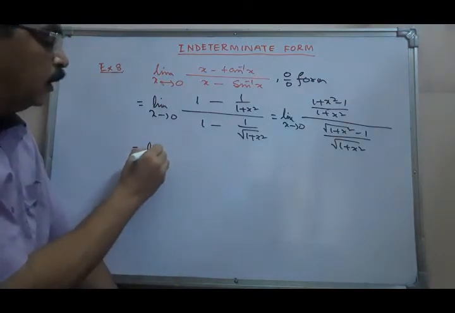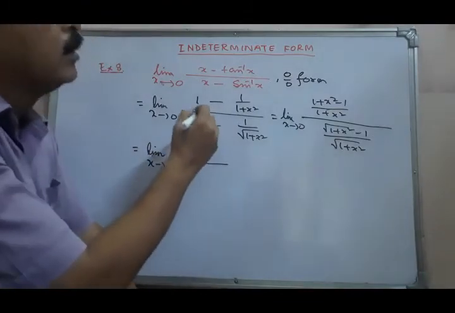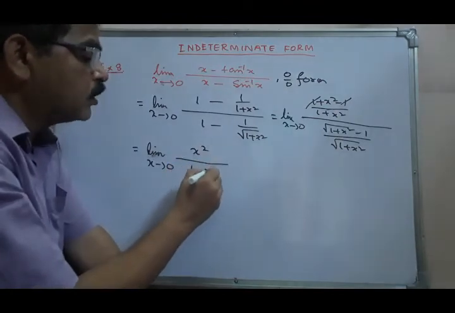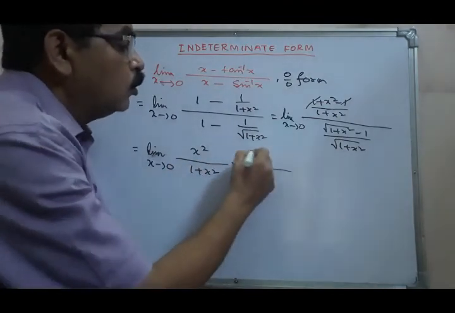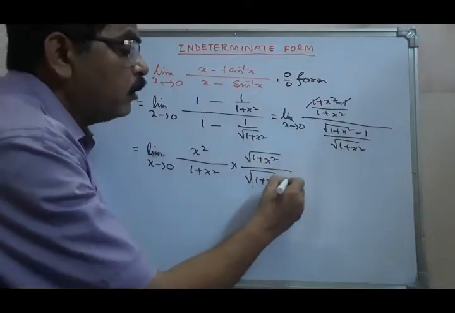So final coming limit x tending to 0, it is x square by 1 plus x square into root over 1 plus x square by root over 1 plus x square minus 1.